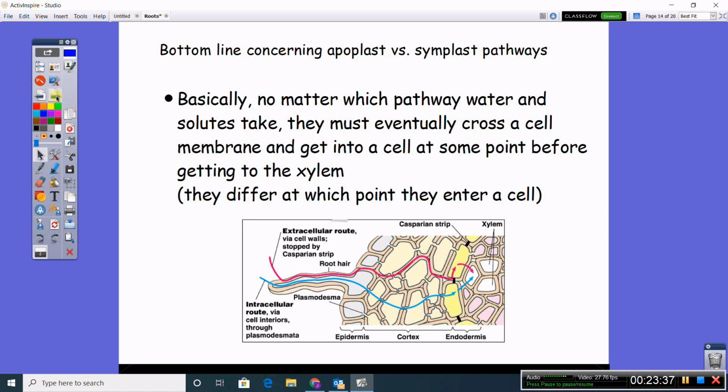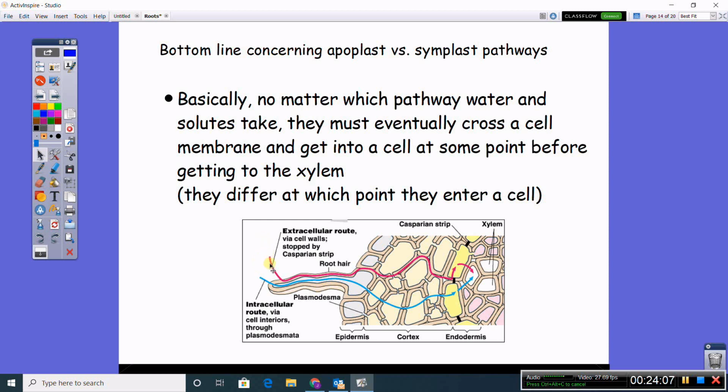So the bottom line concerning apoplast and symplast pathways, basically no matter which pathway water and solutes take, they must eventually cross a cell membrane and get into a cell at some point before getting to the xylem. They just differ at which point they enter a cell. Because in the symplast pathway, which is blue, they enter the cytoplasm right away, and they travel through cytoplasm to cytoplasm by going through plasmodesmata.